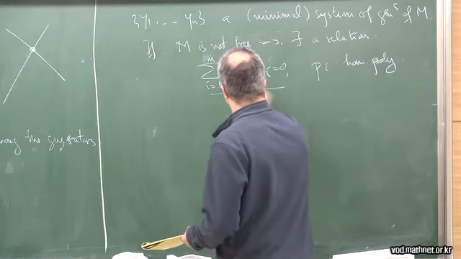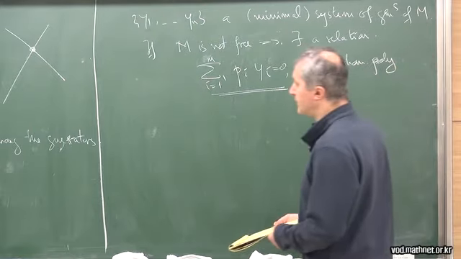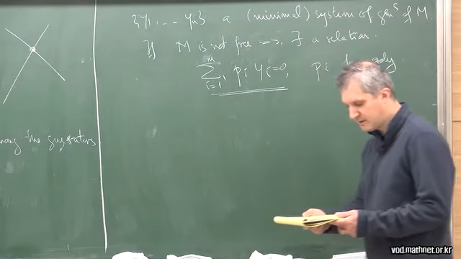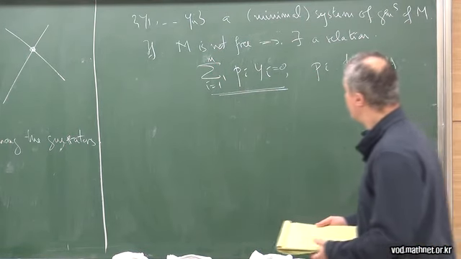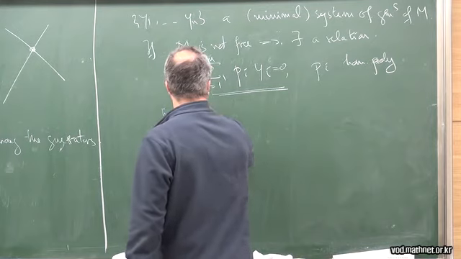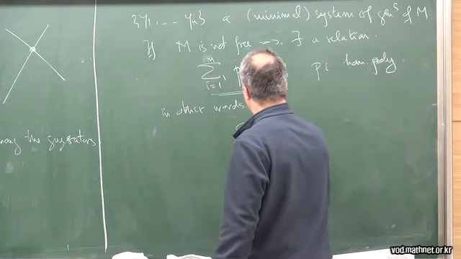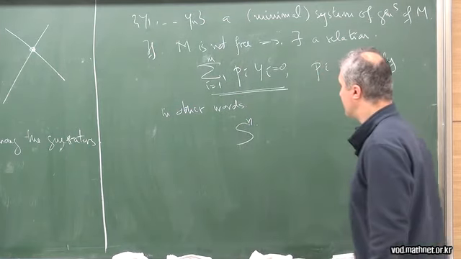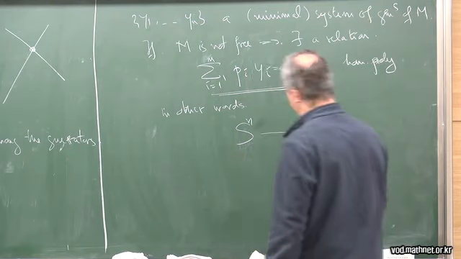A syzygy is basically a relation like that. But what does it mean to have a syzygy? In other words, we have a morphism. I forget about the grading for the moment and just take usual elements.